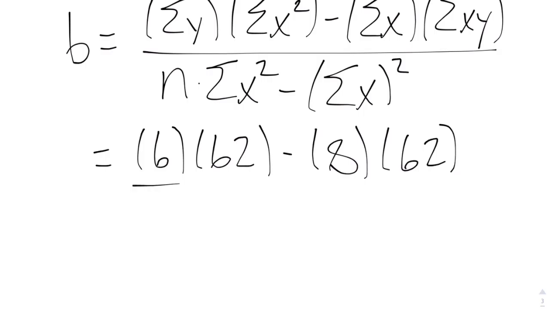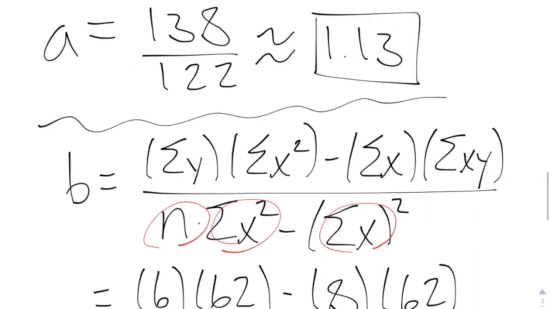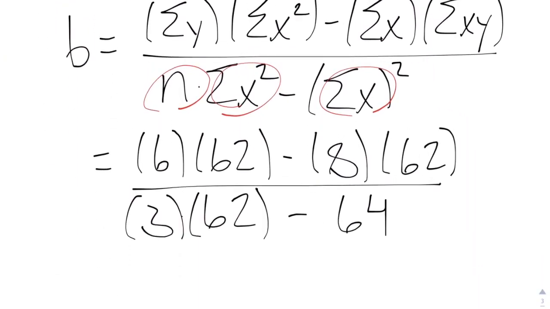All over n was 3 times 62. I guess I should stay consistent. There you go. Minus 64. Again, all I did was replace these values here with the values that we got previously, okay? Nothing special.